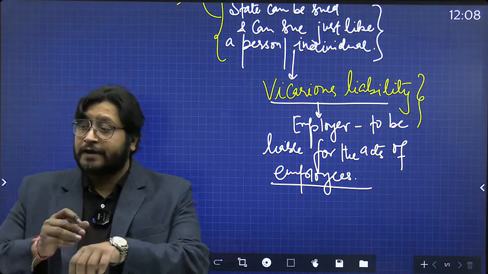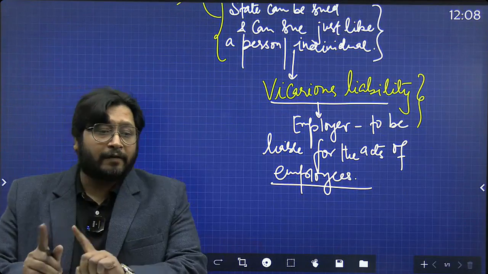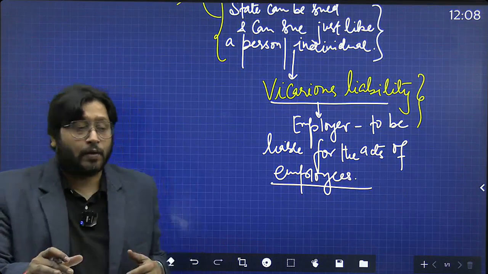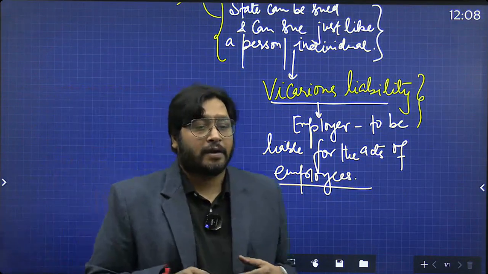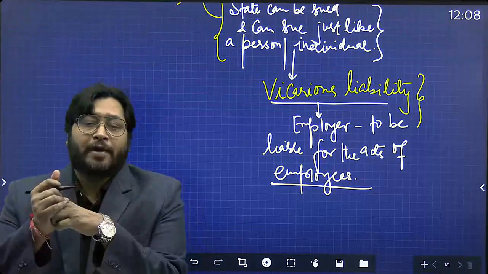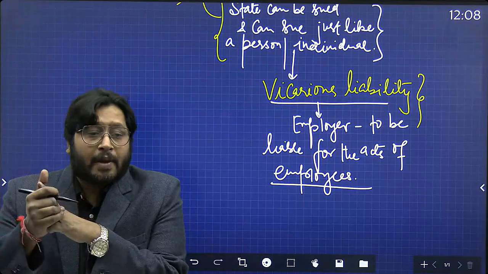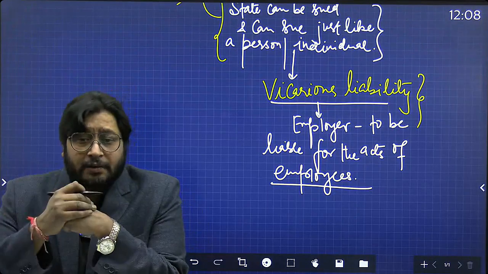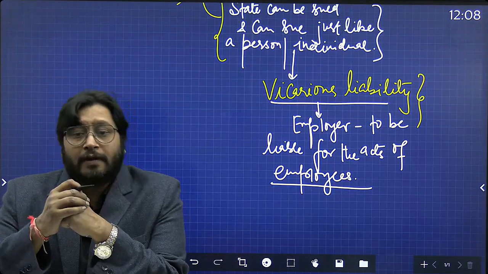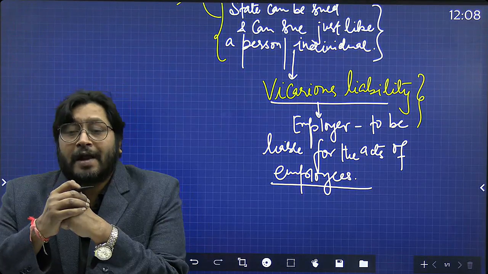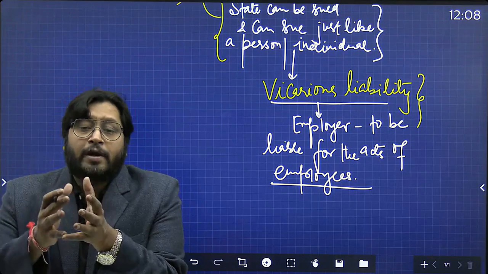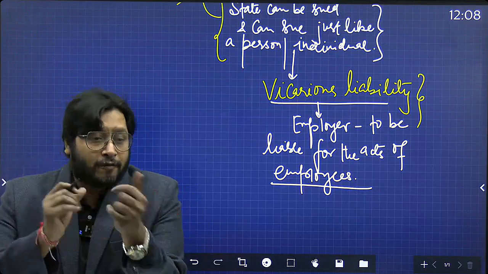So the definition of state provides us with a lot of benefits, and a lot of limitations also. Because when one aspect of the state is not defined, it creates a problem. An entity which may not be performing an actual state function, like PSUs or banks, may not be performing exactly a state or sovereign function. Many times their liability might be reduced or diluted because of the definition under which they don't fall.